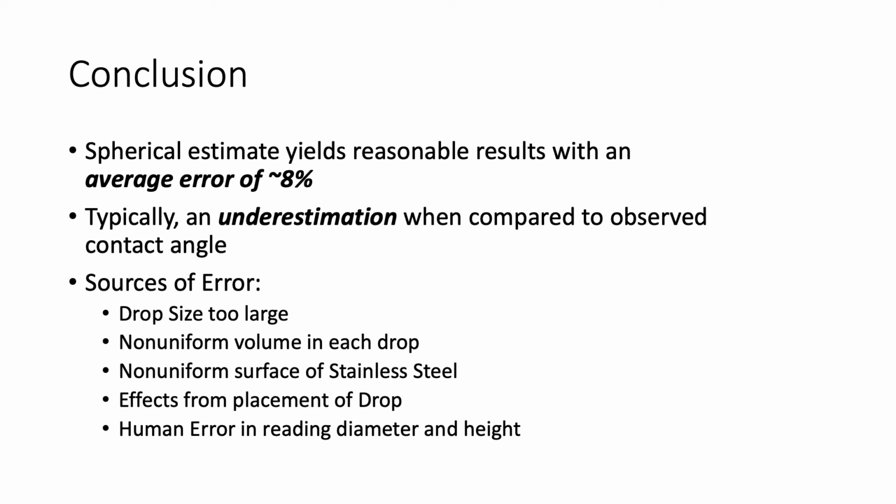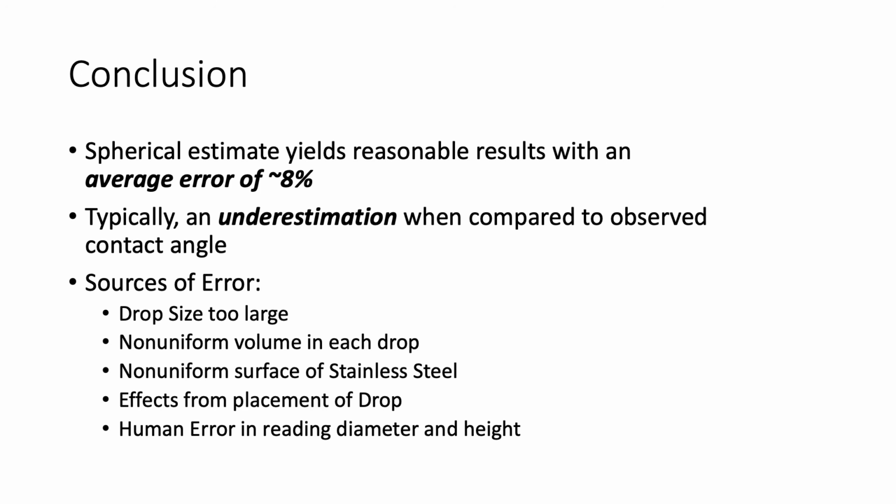And typically this was an underestimation when compared with the observed contact angle, and there were a couple different potential sources of error, such as the drop size being too large and gravity possibly having an effect on the droplet, possible non-uniform volume in each droplet causing small variations in radius and height measured, as well as possibly some non-uniform surface features of the stainless steel sheet that I was using.